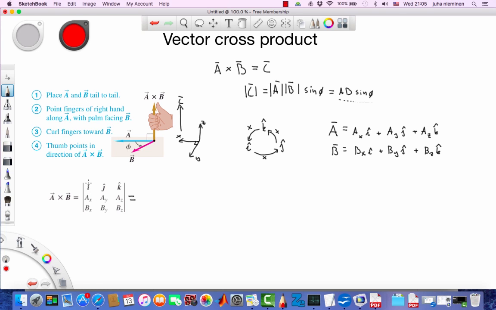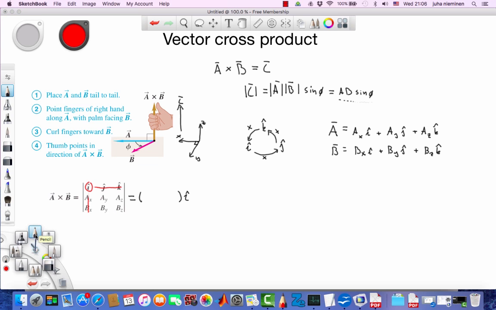So we start from i, like this. The first element that we are going to get is going to be in the direction of i, and then we have something in the front. So what do we have in the front? To evaluate that, we block that column and that row, and now we are left with only these four terms.